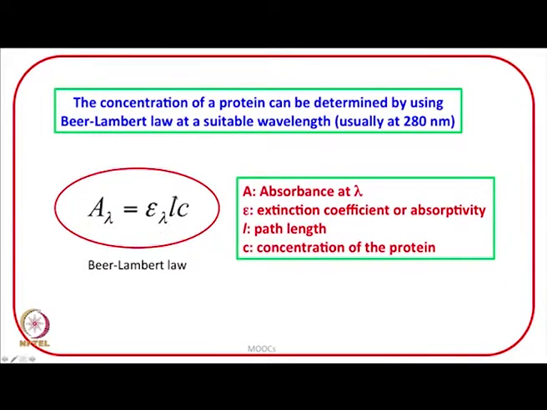L is the path length, which is the horizontal length of the cuvette that is used, and C is the concentration of the protein, and that is what we are interested in to begin with. So, after we know the concentration of the biological macromolecule very accurately, because eventually you are going to normalize your measured thermodynamic quantities to per mole, the determination of the concentration is very important.